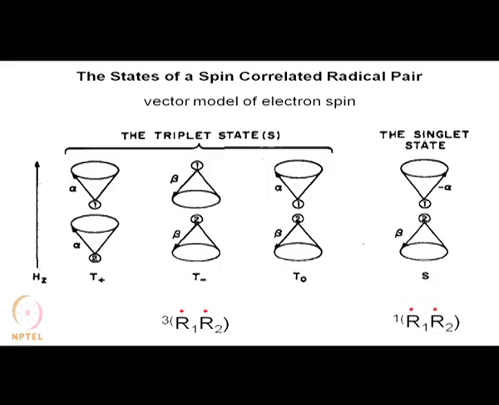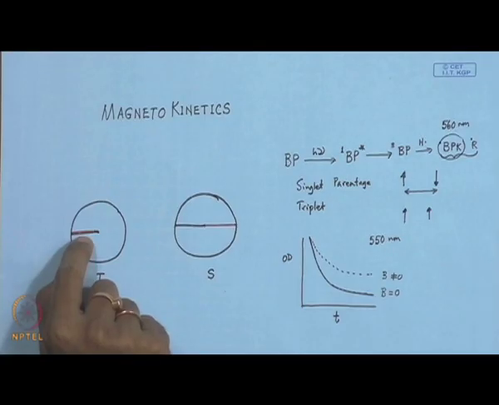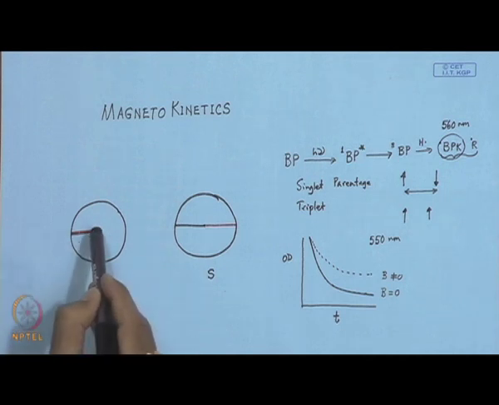Now this precessional frequency is very much dependent on the magnetic field it is experiencing. So for this one the phase difference is 0, you see, red and black both have the same angle.